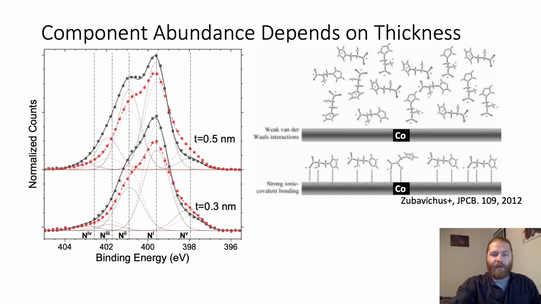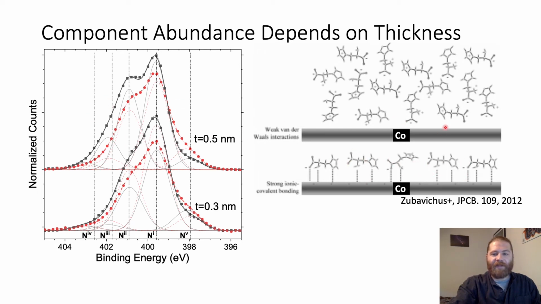It turns out that these zwitterionic species are important because depending on the thickness of our sample, you see more or less abundance of those zwitterionic species. And so for a thin film or a monolayer film, corresponding to this 0.3 nanometer thickness, where the N3 and the N4 components of the zwitterions are hardly there, you get stronger interactions with the molecules in the surface.